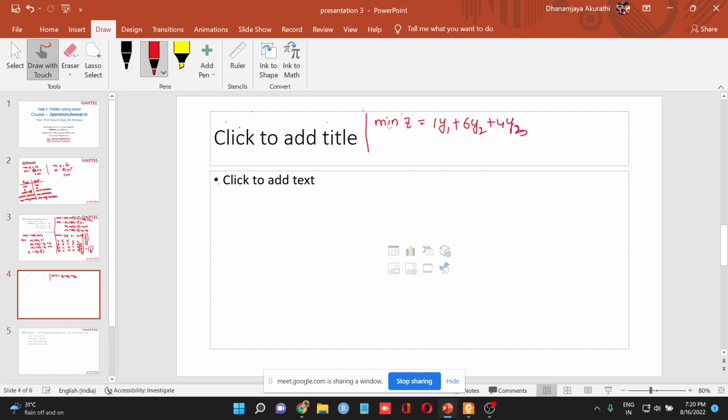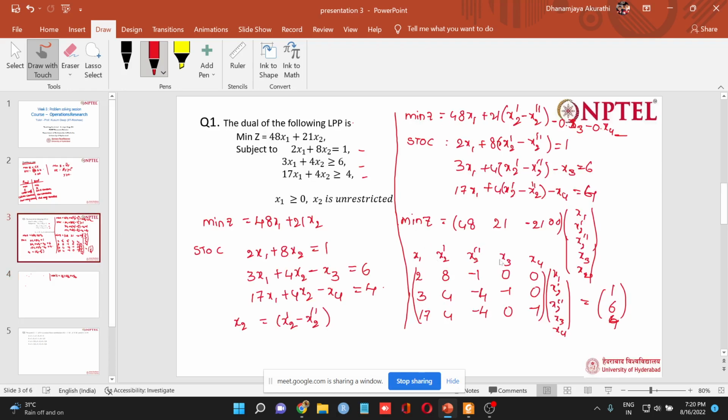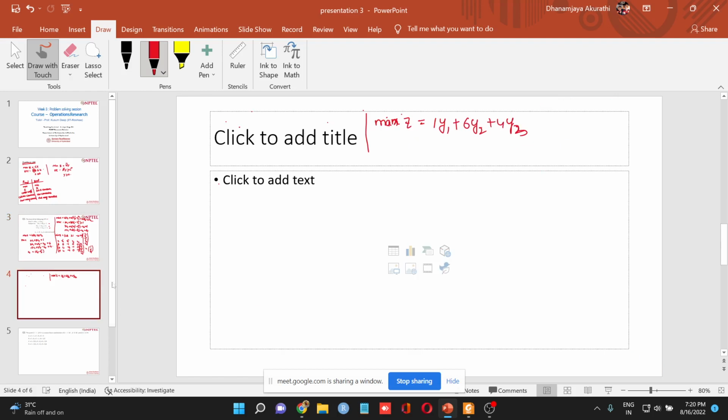Sorry, here it is maximum, since we had minimum. So that would be the objective function. Now, what would be the constraints in our equation? We just need to transpose the given constraint matrix. That is 2, 3, 1.